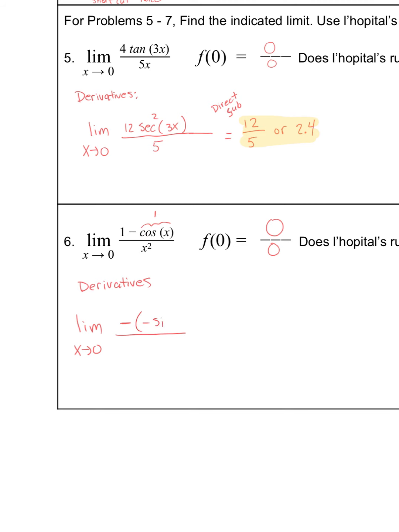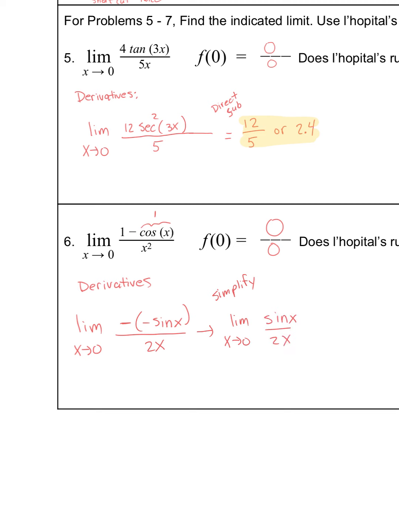Again, negative 1 comes along for the ride. The derivative of the cosine is negative sine of x. On the bottom, the derivative of x squared is simply 2x. Now, if we simplify that, we get the limit as x approaches 0 of positive sine of x over 2x.